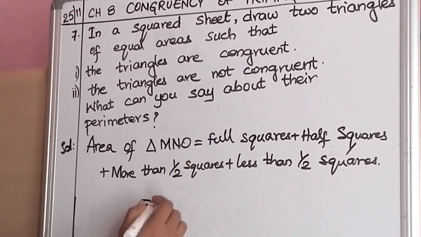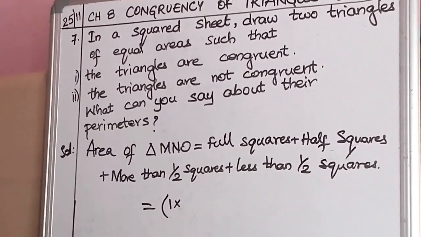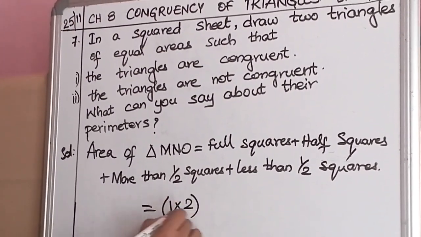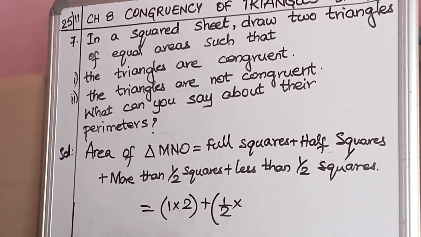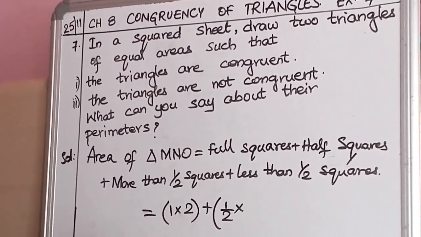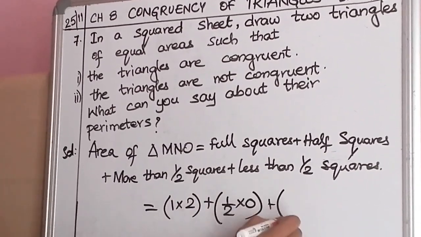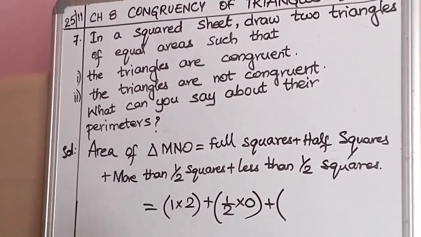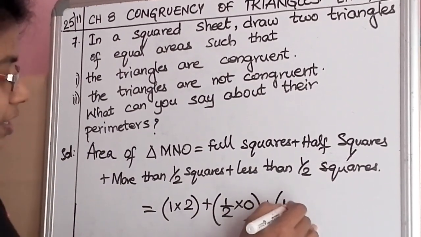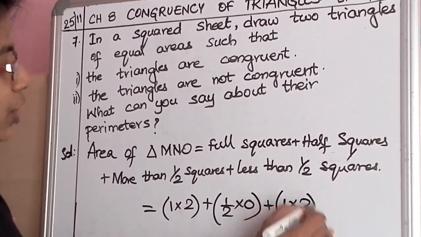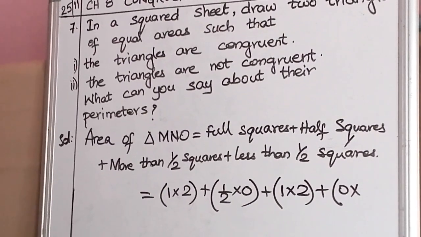Full squares means 1 into, how many full squares are there? Very good, 2 are there, so write 2 there. Plus half squares, how many are there? Half into, how many are there? Any half square is there? No, so write 0. Now next, how many more than half squares are there? 2 are there. So 1 we will take into 2 plus, how many less than half squares are there?